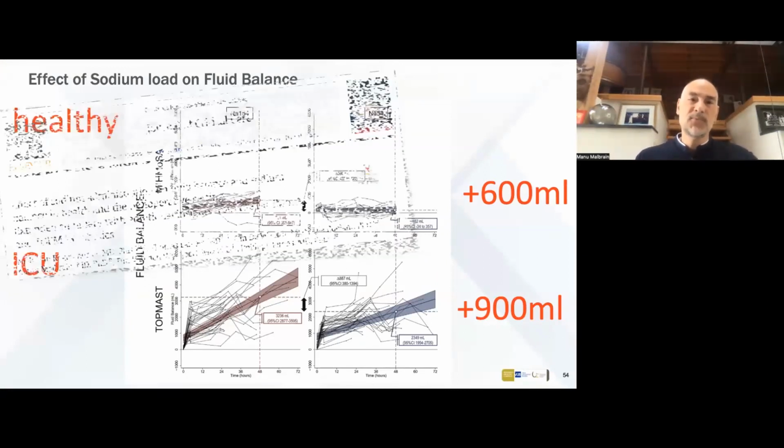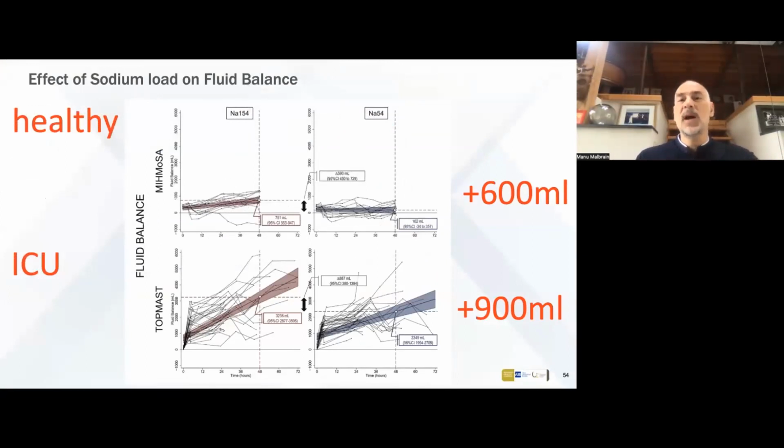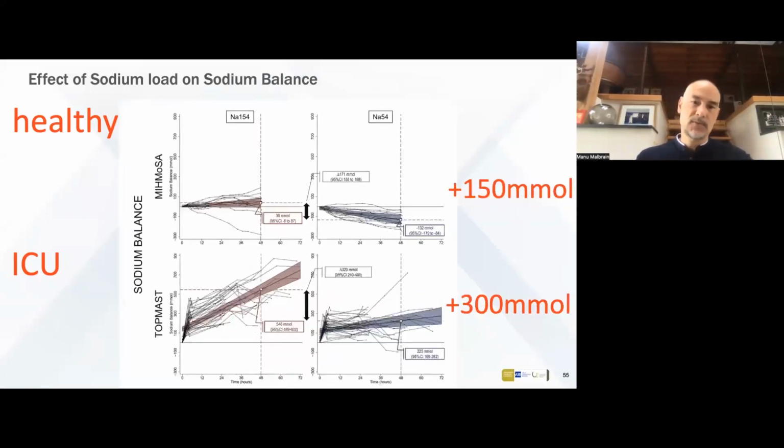And if we compare for maintenance hypotonic versus isotonic solutions, so on the left you have saline, and on the right you have hypotonic maintenance, you see that in healthy as well in ICU patients, hypotonic solutions result in a less positive fluid balance. So saline leads to a more positive fluid balance, plus 600, plus 900 in healthy in ICU after 48 hours.